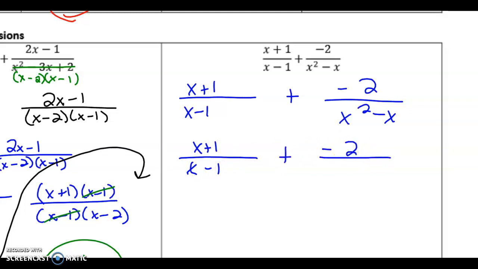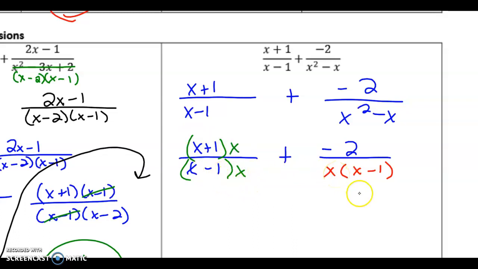So the only factor we can pull out is in this denominator right here. We can take an x out. Okay, so now we think, what does the second denominator have that the first one didn't? The first one was missing that x. So we had to take the numerator and the denominator times x.